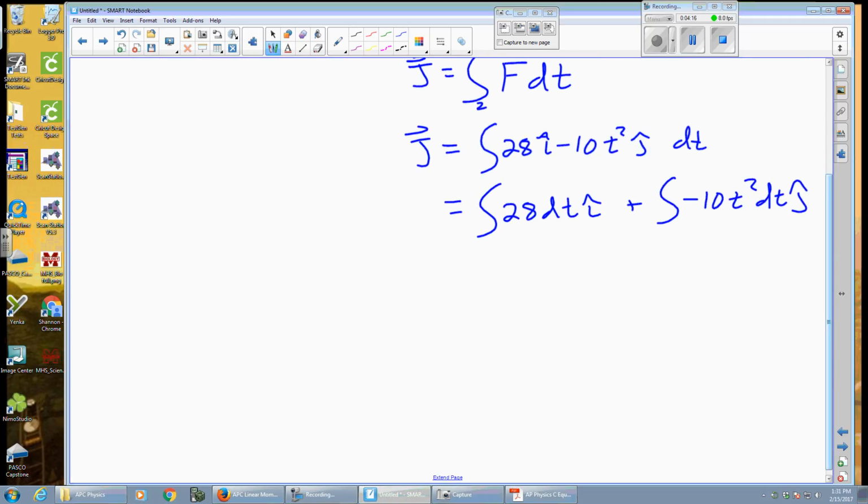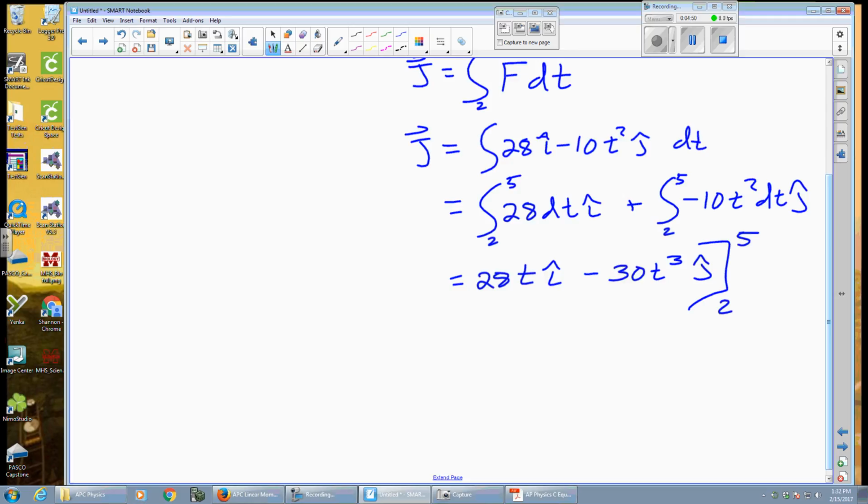Since they're perpendicular to each other, they don't affect each other. So you get 28t i, and you get minus 10/3 t cubed j, evaluated from 2 to 5.